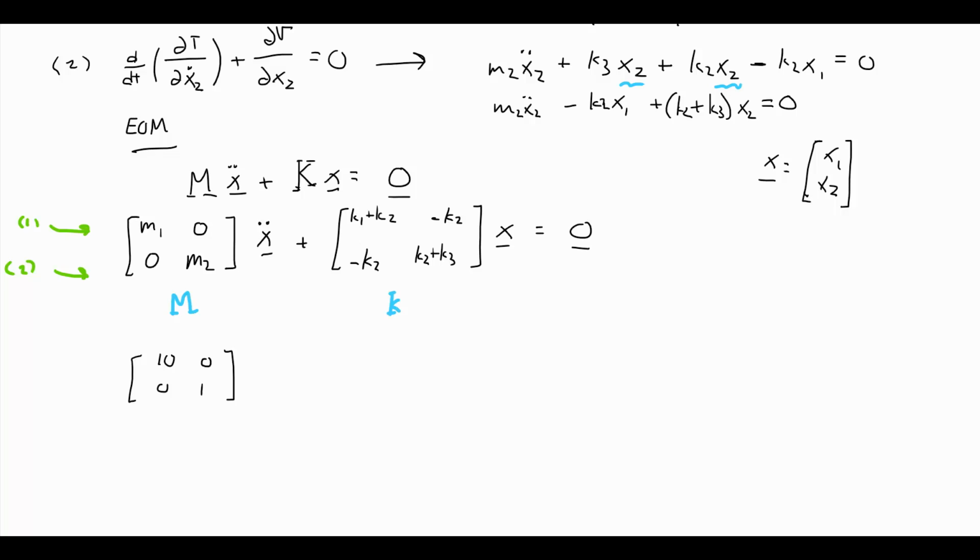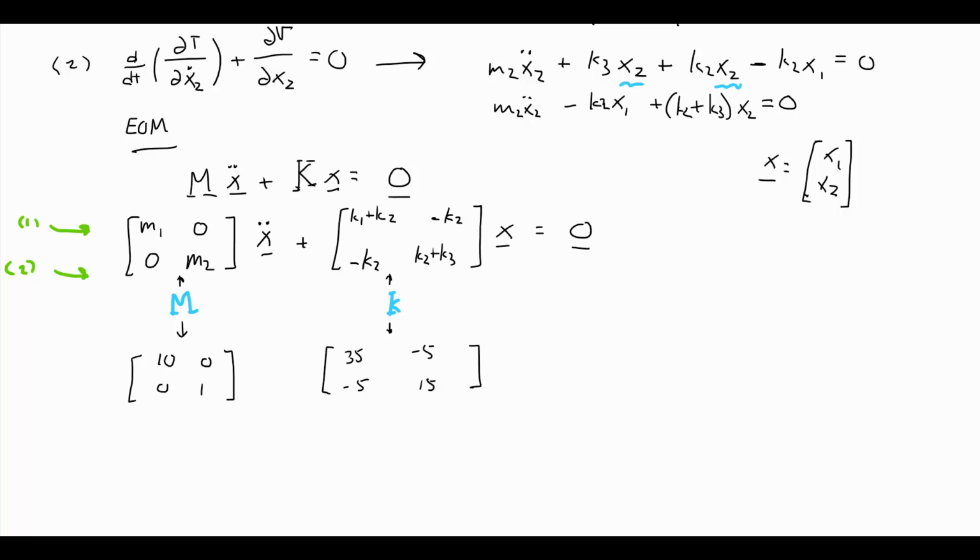And the K matrix will be 35, negative 5, negative 5, and 15. So expressed numerically and in variable form. Always start in the variable form and then go into the numeric form.